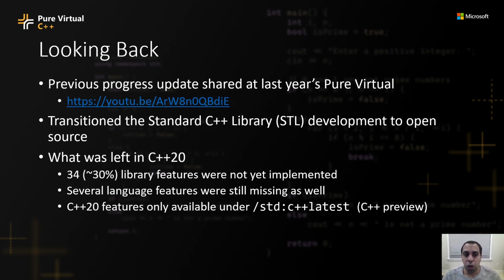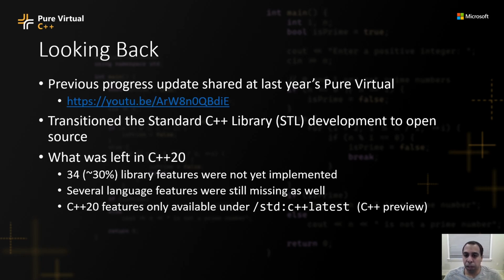Last year, also during the Pure Virtual C++ conference, I gave an update about C++20. I talked about migrating STL development to open source on GitHub. I also presented a summary and demonstrated some of the C++20 features that were implemented by the STL contributors.